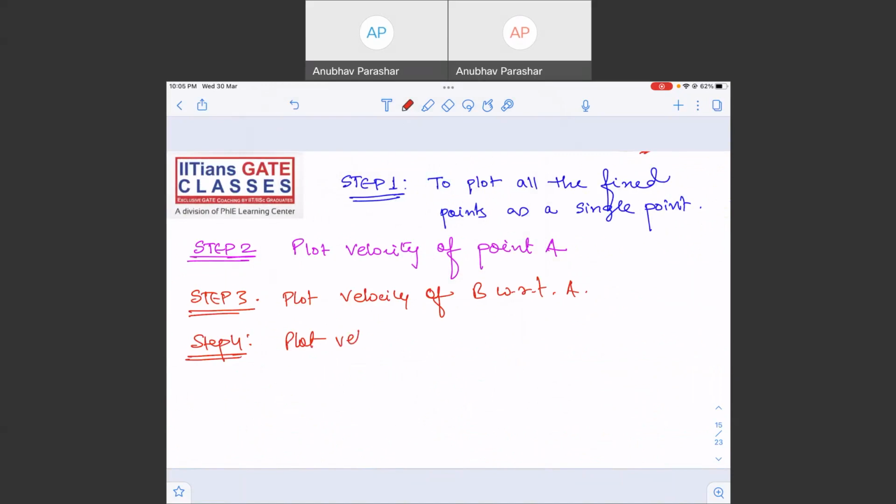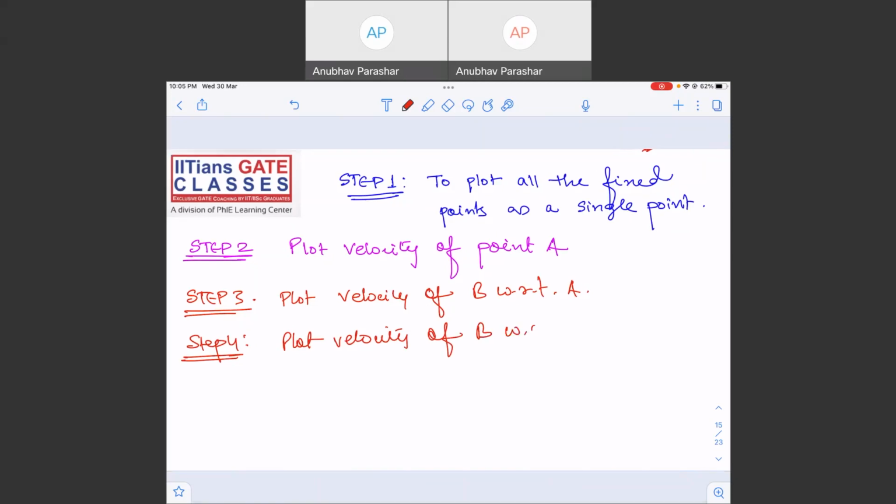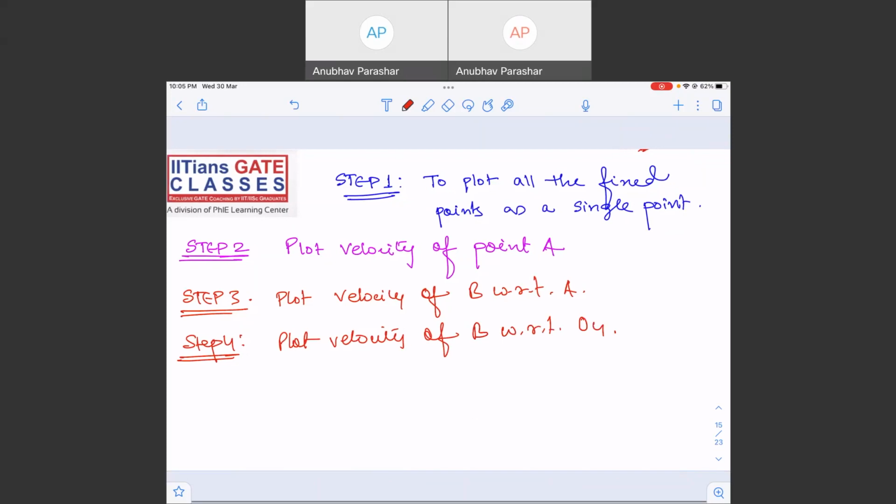Plot velocity of B with respect to O4, right? Then your diagram is complete. After that, you can easily find out the respective velocities.